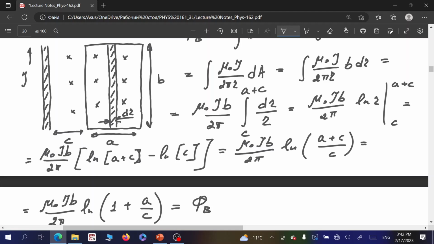What about magnetic field? Do we have a source of magnetic field?